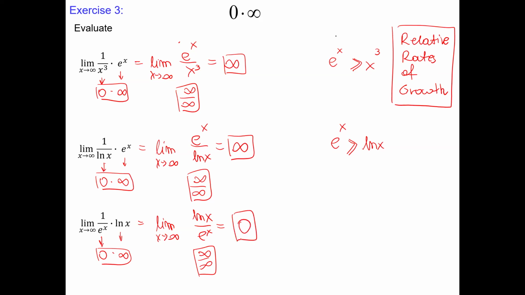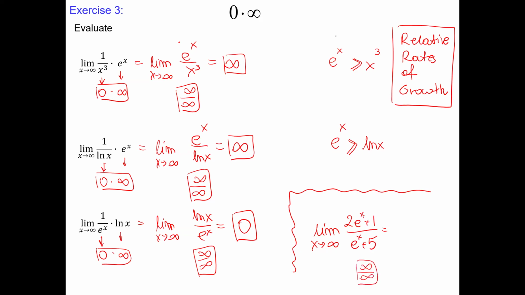Let's maybe do one extra. Let me do the quotient right away. I just want to show you 2 e to the x plus 1 over e to the x plus 5. The leading function is e to the x in both. We definitely have numerator and denominator going to infinity.